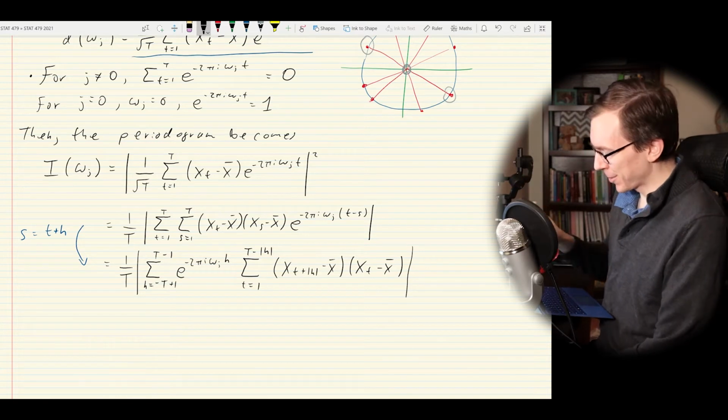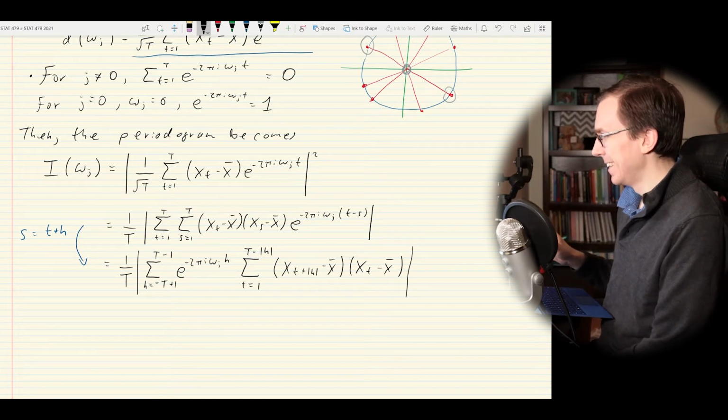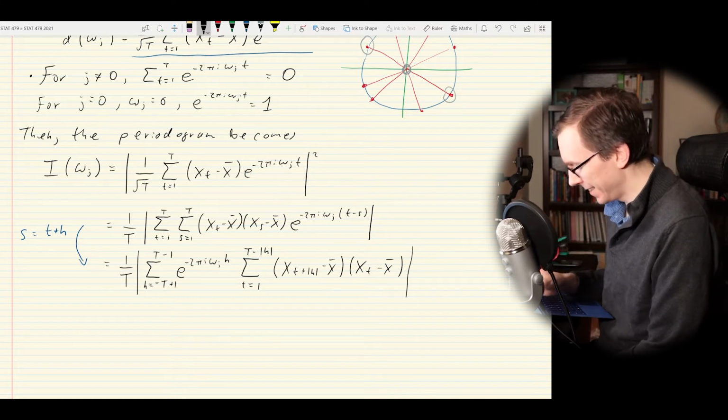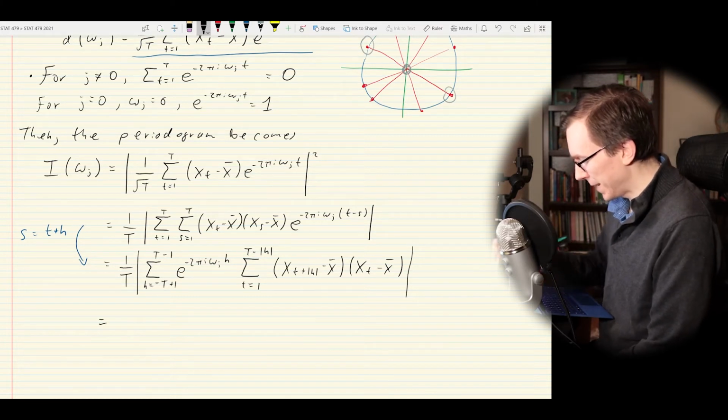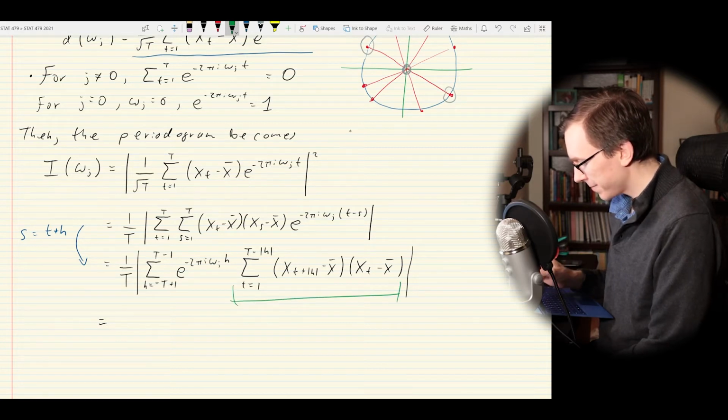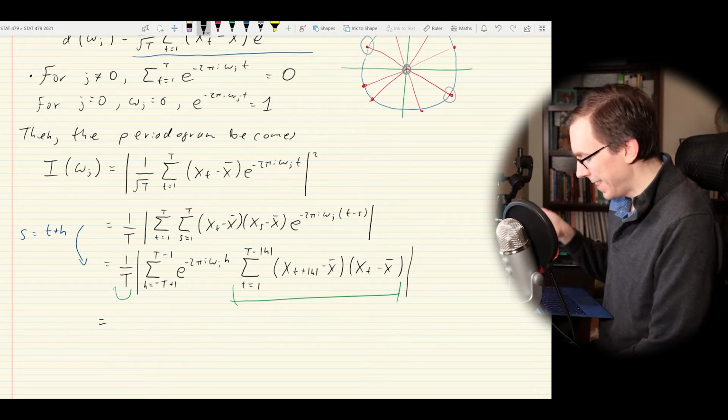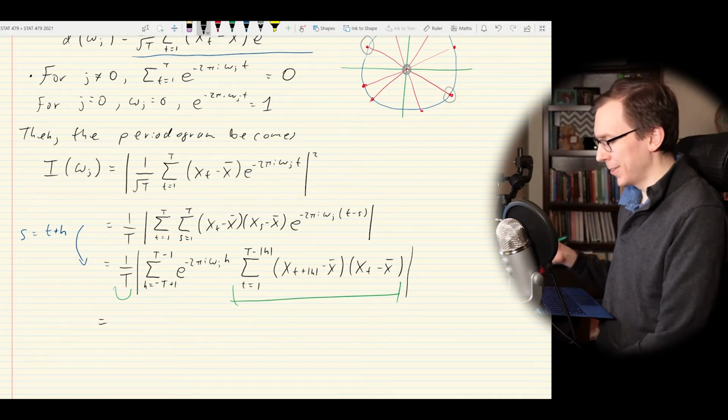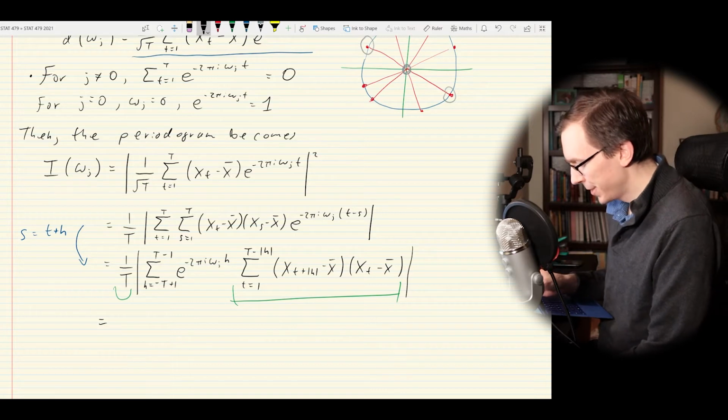Because ultimately what I'm trying to get at is that when I combine all these things, I end up with the estimated auto covariance. So if I take this guy and I take the 1 over t out front, then that is just our estimated auto covariance at a lag of h.